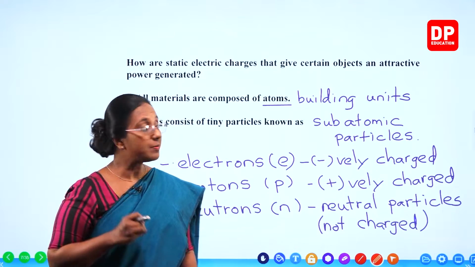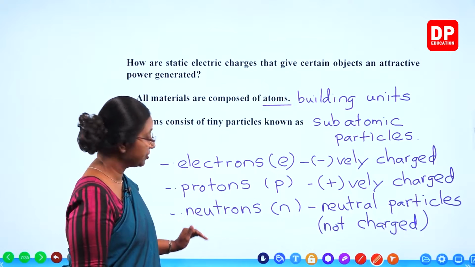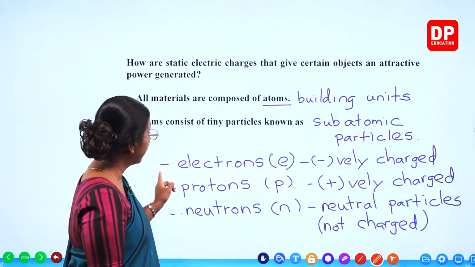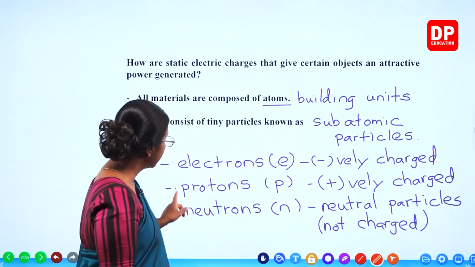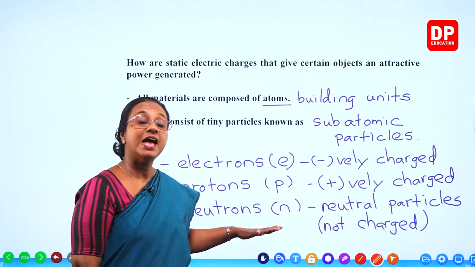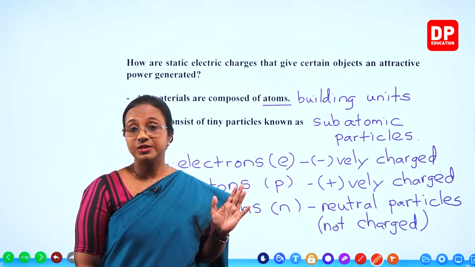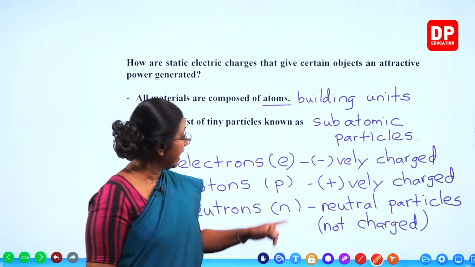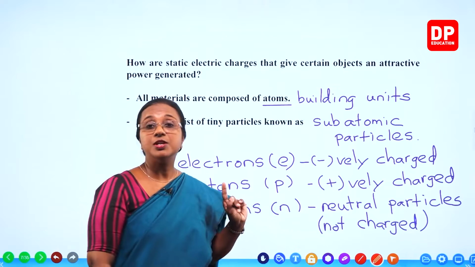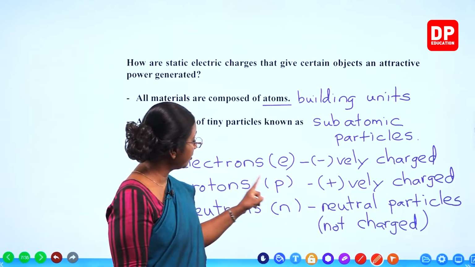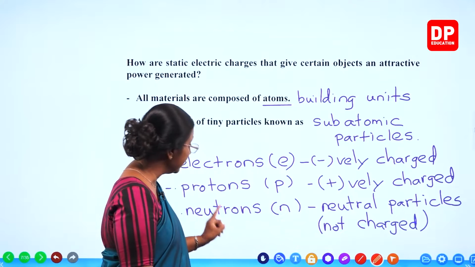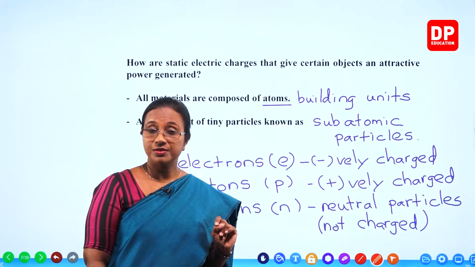So electrons have negative charge, protons have positive charge, and neutrons are the neutral subatomic particles. Simple E for electrons, simple P for protons and N for neutrons.